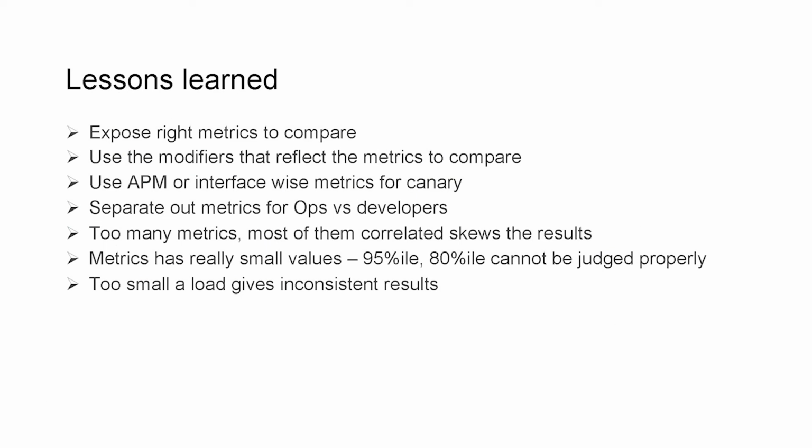In terms of learnings, you have to be careful about what kind of metrics you want to choose, how many metrics you want to choose to get fewer false positives or false negatives. For example, the CPU metrics I have chosen are collected by Prometheus. These metrics are cumulative metrics.